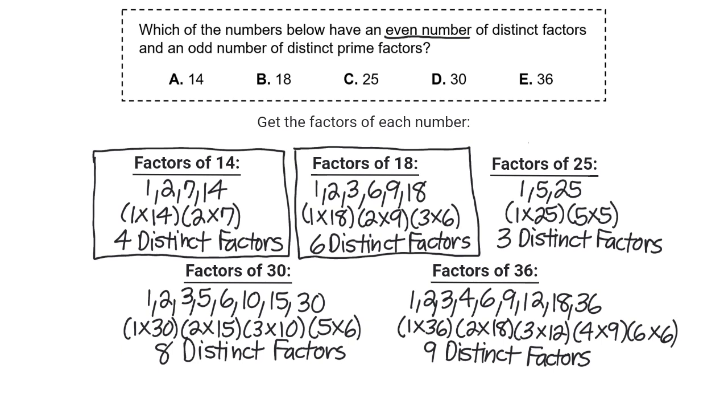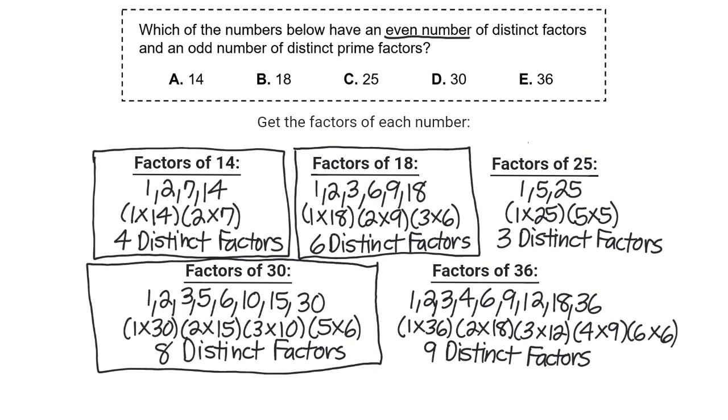And 30 has an even amount as well, since it has 8. These are some bootleg looking rectangles, but you can see that they all have an even number of factors. So we're going to focus on these 3 answer choices.